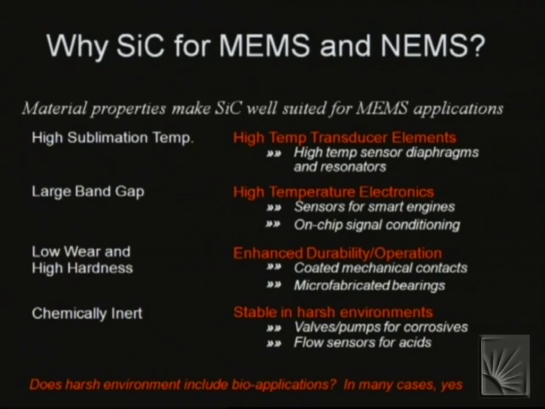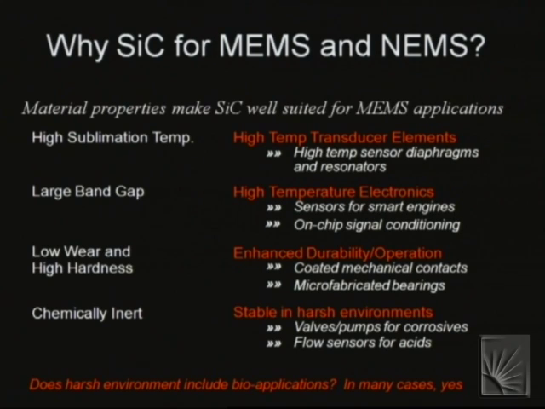Now, we have at CASE looked at silicon carbide for MEMS and NEMS applications for quite some time, and it's been targeted as a material for harsh environment applications due to some very outstanding material properties, like high sublimation temperature, large electronic band gap, high hardness and low wear characteristics, and its chemically inert properties.